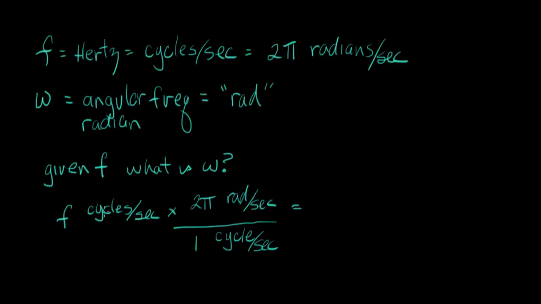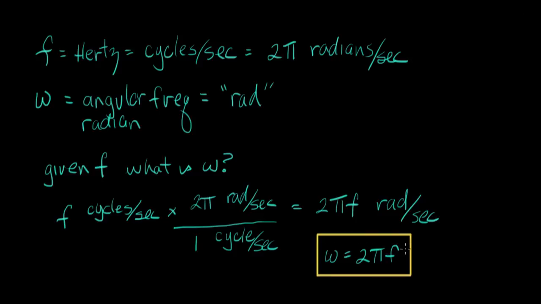Cycles per second cancels with cycles per second, so that equals 2 pi F radians per second. So the conversion factor is omega equals 2 pi F.